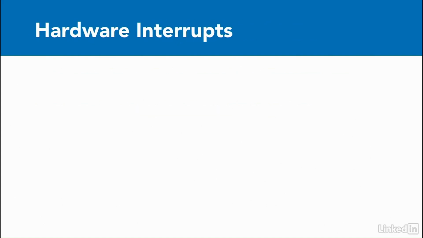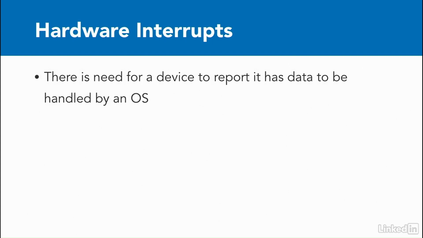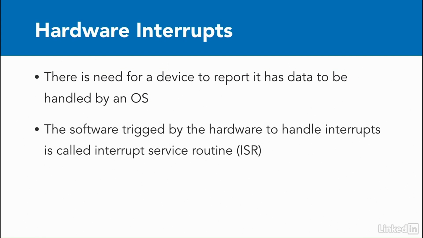Let's look at how an OS deals with the input and output devices. Based on the OS system architecture, it can provide a programming interface in the hardware code of the kernel to operate a device using the device drivers. An OS also needs to have a mechanism to handle the real-time events in the form of interrupts.